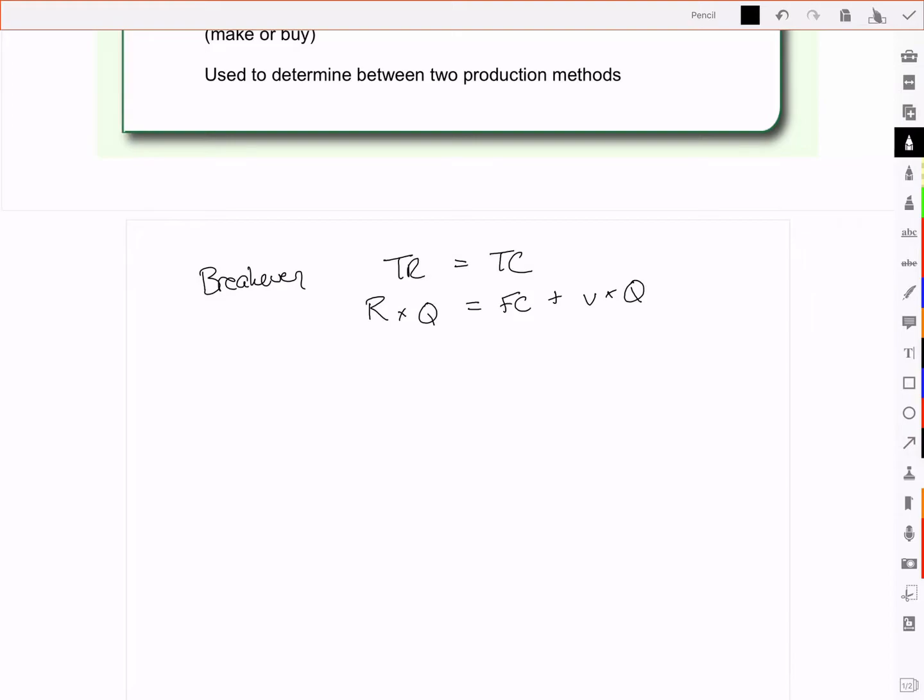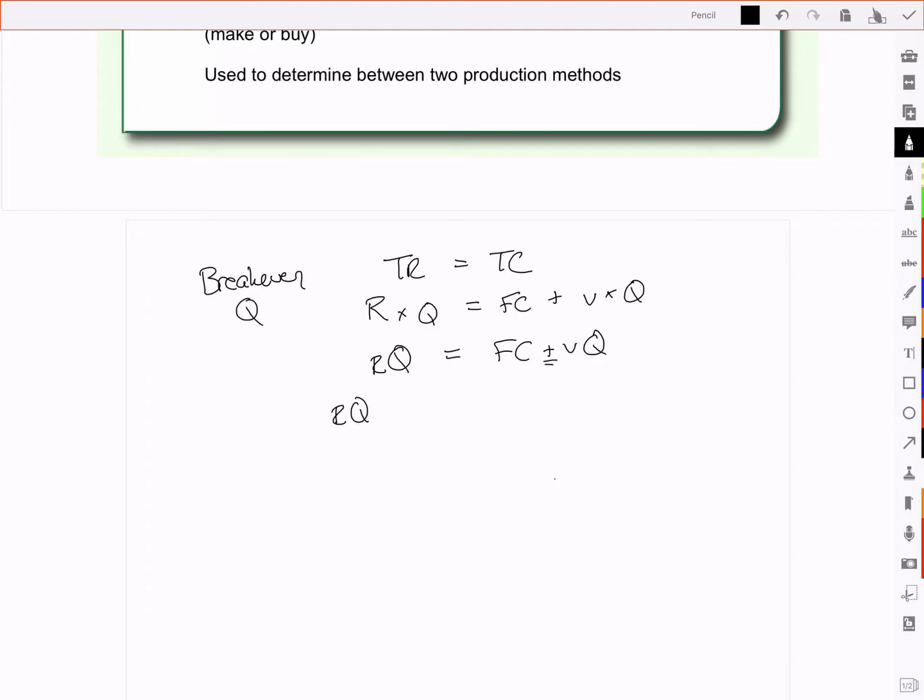Okay. So here we have R times Q equal to our fixed cost plus V times Q. Well, to find the break-even quantity, we need to be able to rearrange this formula and solve for the Q. So to do that, we need to put everything that has a Q on it on the same side.